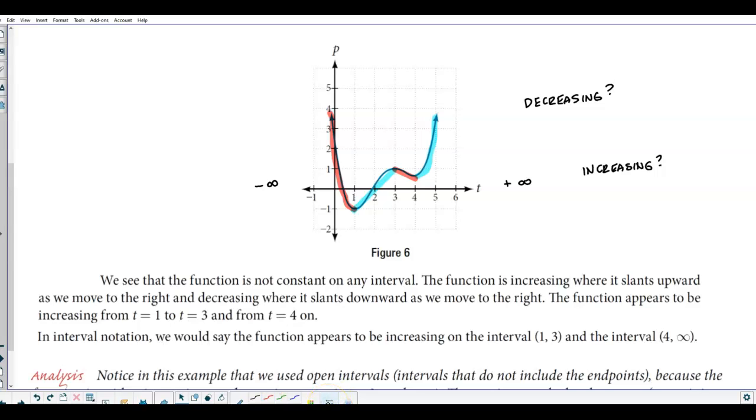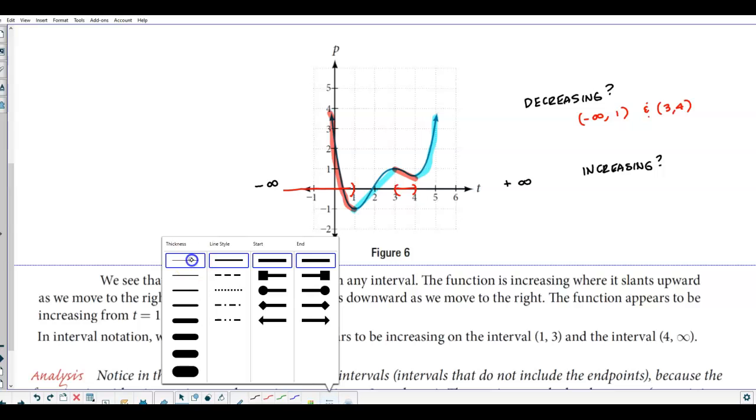Well, since it's starting at negative infinity, it's decreasing until it gets to 1. So one of the intervals is from negative infinity to 1, and that's where it is decreasing. Where else is it decreasing? Well, it starts at 3 and goes to 4. So it's also decreasing here, between 3 and 4 as well.